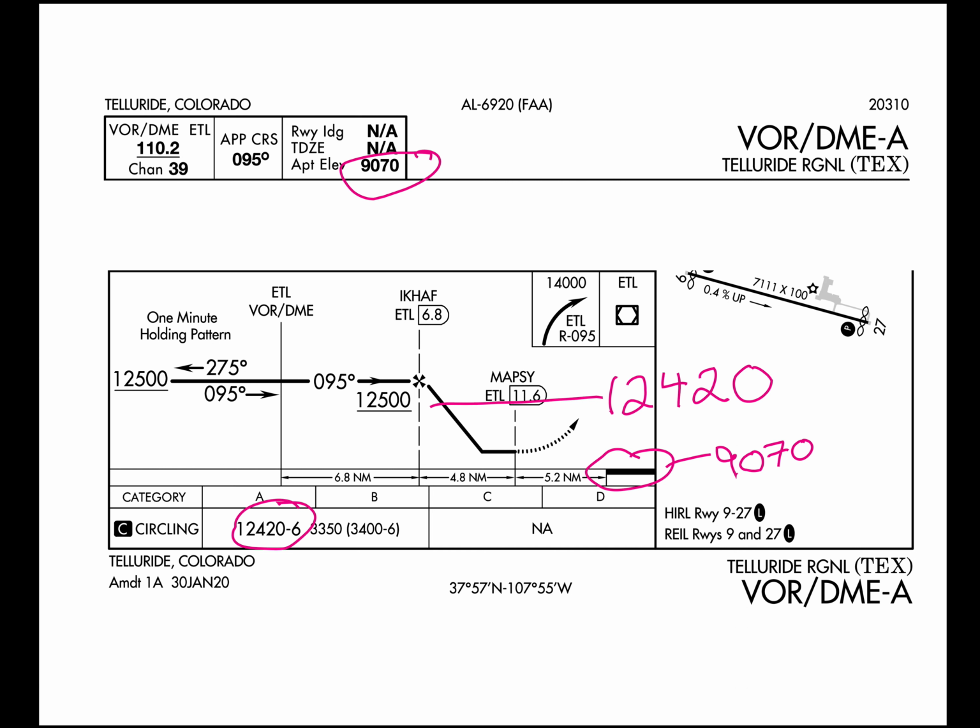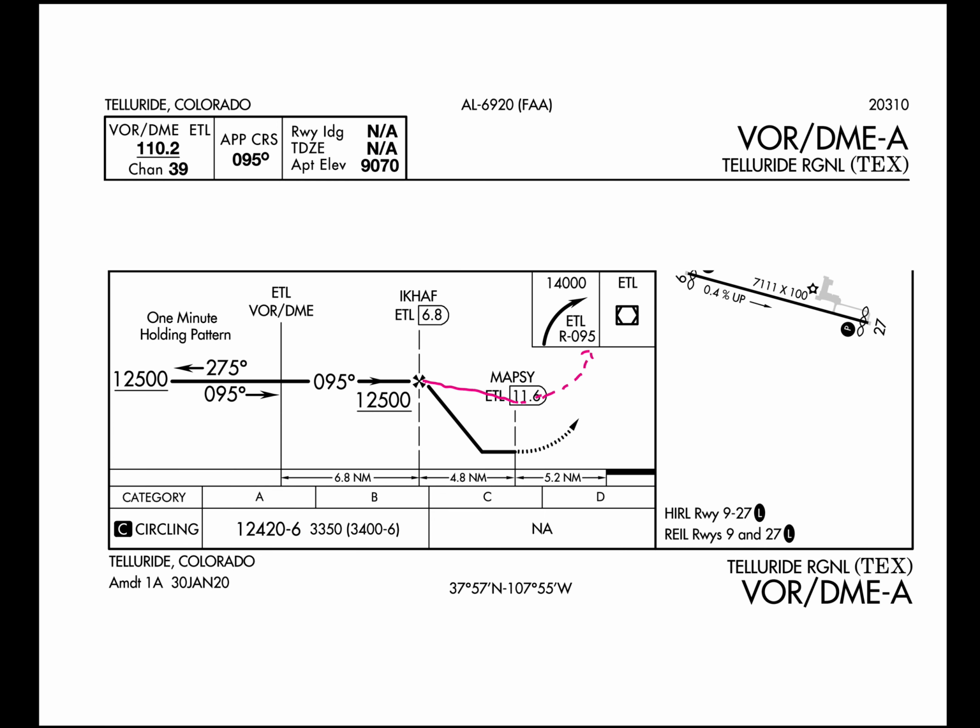But from the final approach fix to the MDA is only an 80-foot change of altitude. And it certainly doesn't look that way from the way it's depicted. It's just a heck of a lot more like that. But the FAA, because this is not to scale, this is how they show it. And so again, this is something you need to know as a pilot.